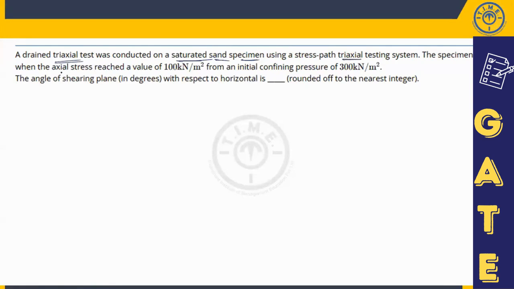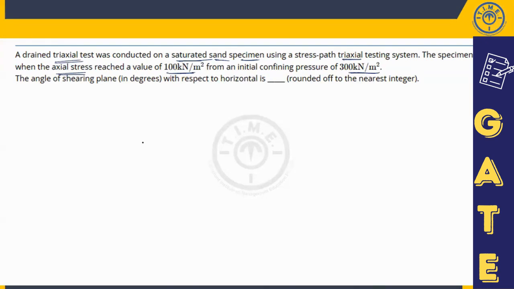The specimen failed when axial stress reached a value of 100 kilonewton per meter square from an initial confining pressure of 300 kilonewton per meter square. The angle of shearing plane with respect to the horizontal is asked.